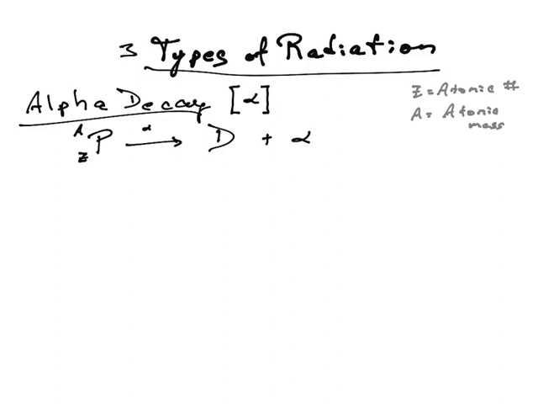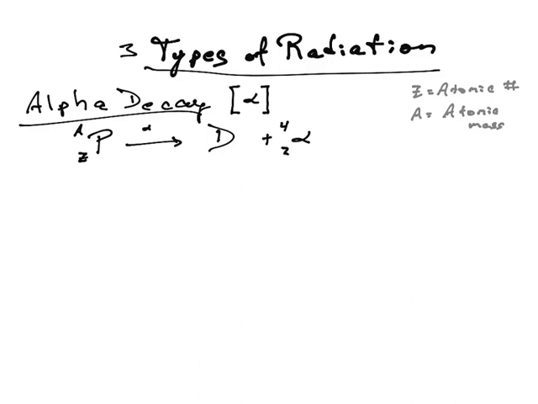Now, when this decay occurs, you always see the same type of thing happen. First of all, the alpha particle is a particle which has an atomic number of 2 and an atomic mass of 4.